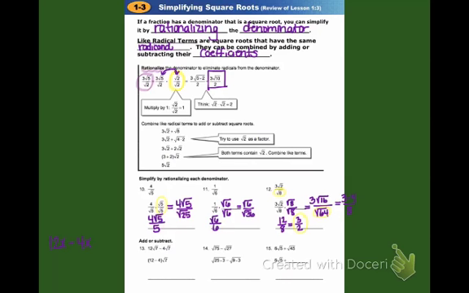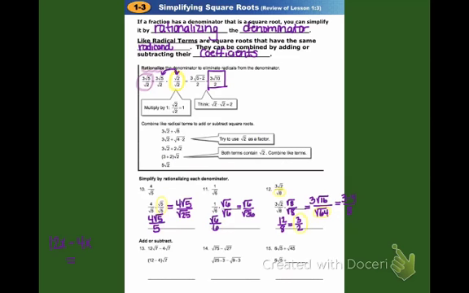So when we have variables that are the same, have the same variables and raised to the same powers, we call them like terms. So when we add like terms with variables, we just simply add or subtract the coefficients. So that's what I would do here. 12x minus 4x is 8x.